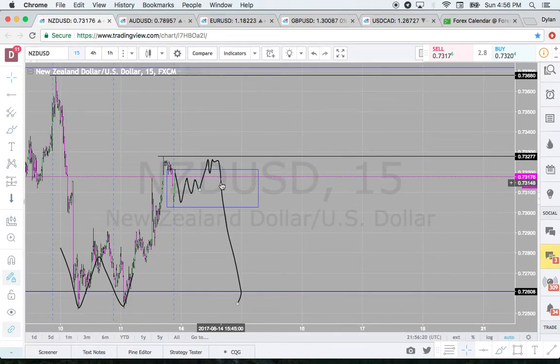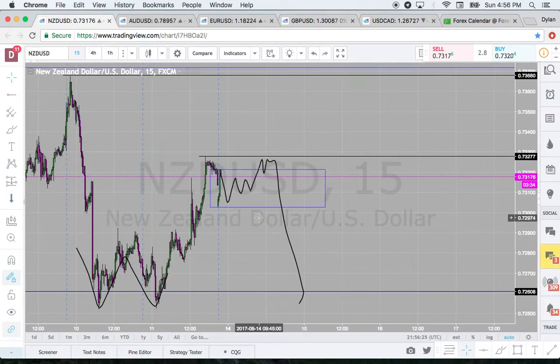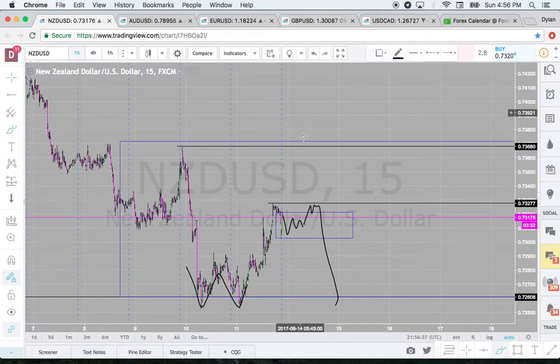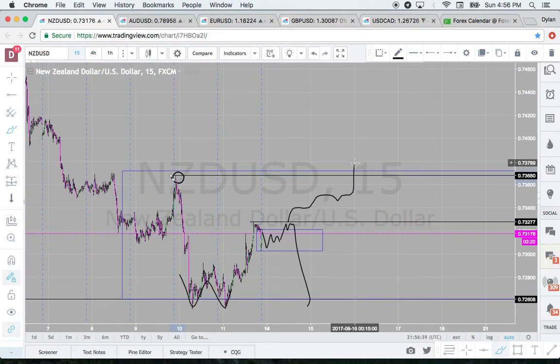Now, if it does break the high, then we could see a continuation of consolidation until this next previous structure high. And then we could see a spike to that high, which is also coming a bit out of the range, and then consolidation and dropping.